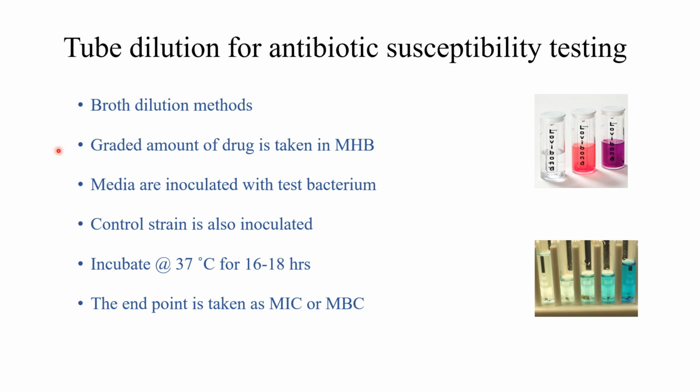The graded amount of drug, that is, different concentrations of drug, is taken in Mueller-Hinton broth. This Mueller-Hinton broth is inoculated with the test bacterium, and the control strain is also inoculated in the broth. We incubate at 37 degrees Celsius overnight, or 16 to 18 hours. At last, the end point is taken as MIC or MBC.